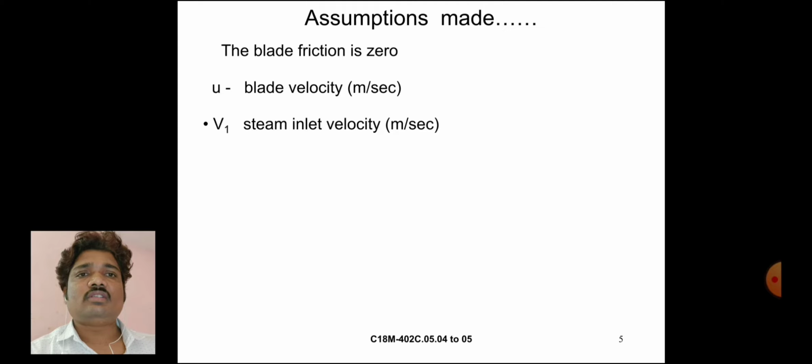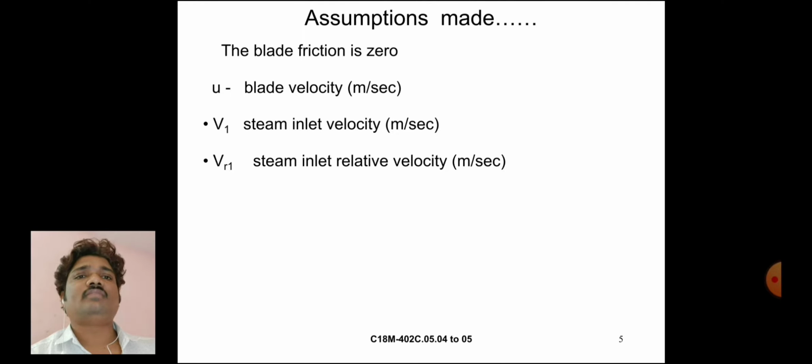Capital V1 is the steam inlet velocity, in meters per second. VR1 is the steam inlet relative velocity, where R1 means relative, in meters per second.